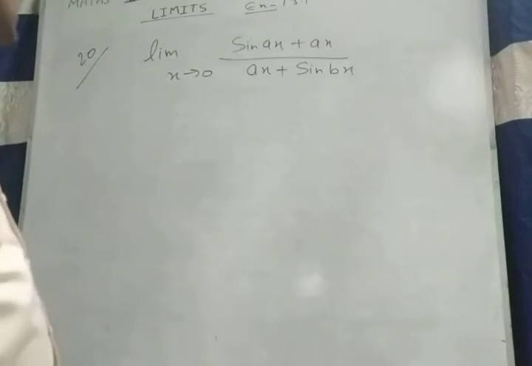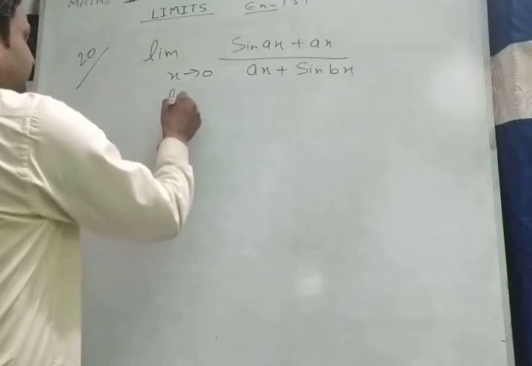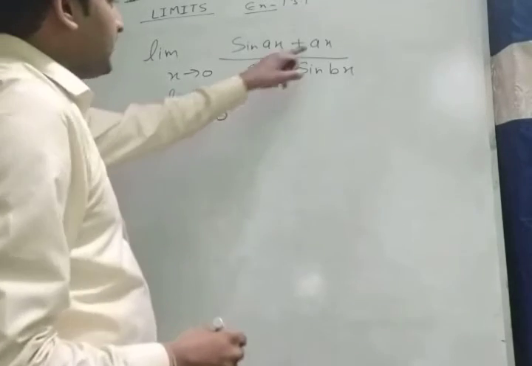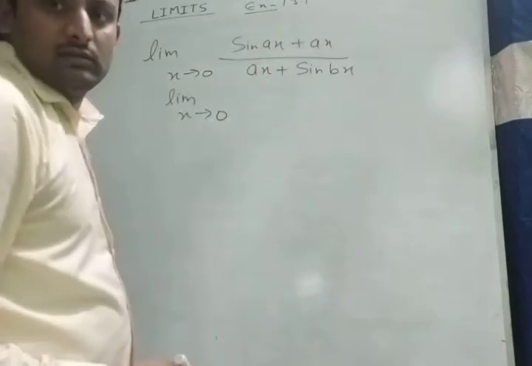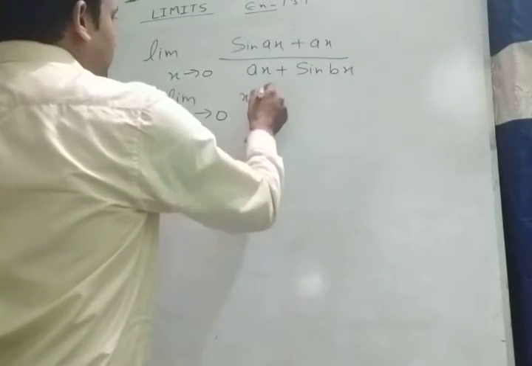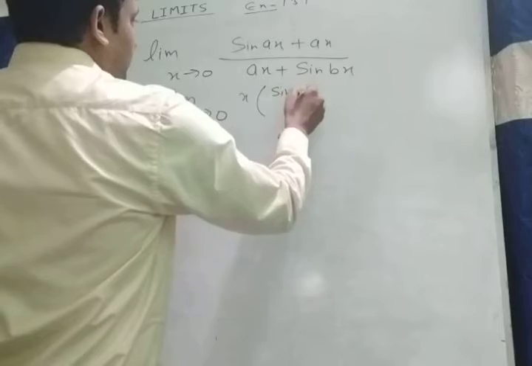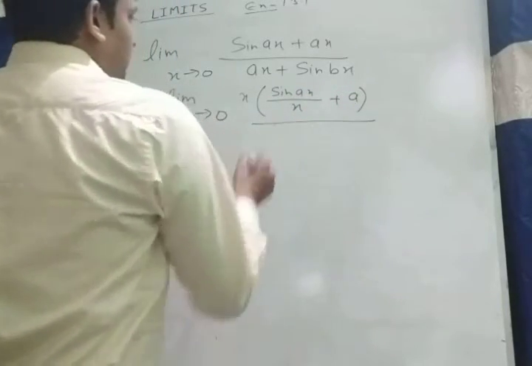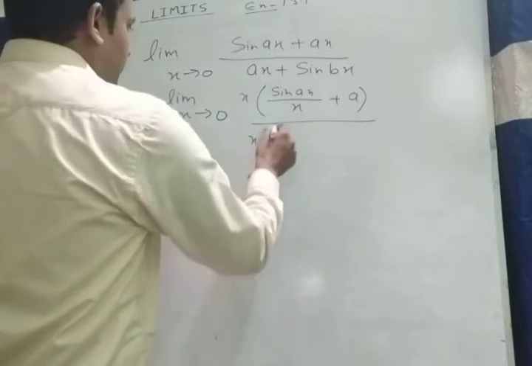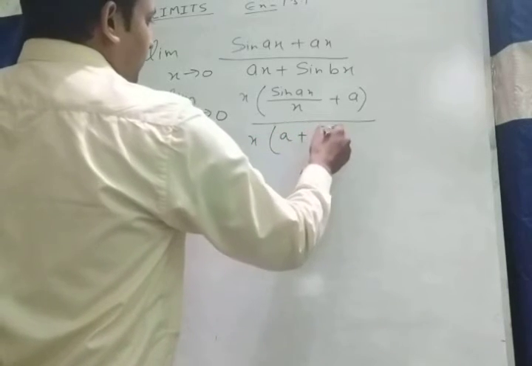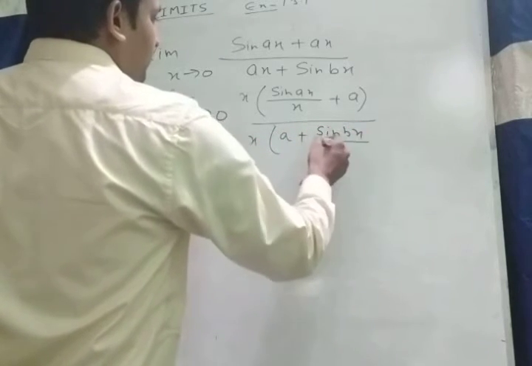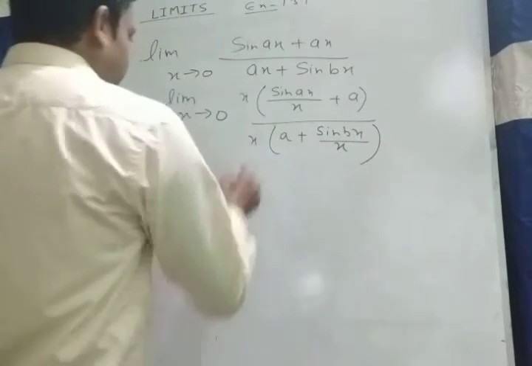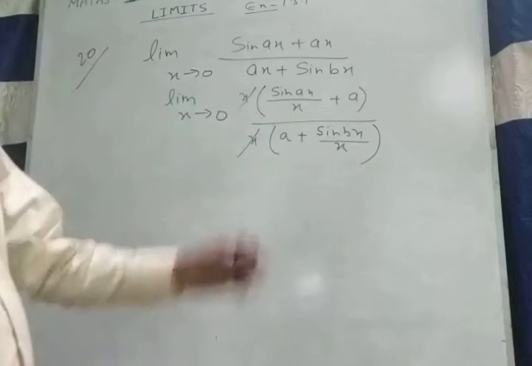Okay, so first, limit x tends to 0, we will take x common from the numerator. We get sin ax by x, and taking x from the denominator, a plus sin bx upon x, and this x will be cancelled.